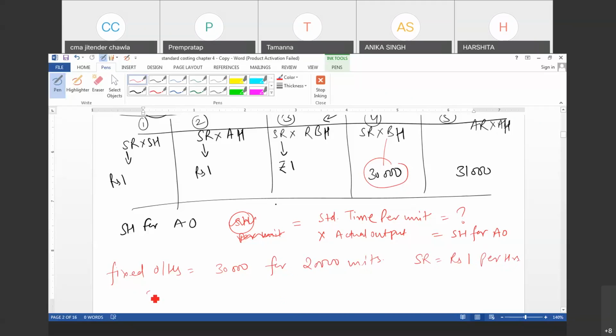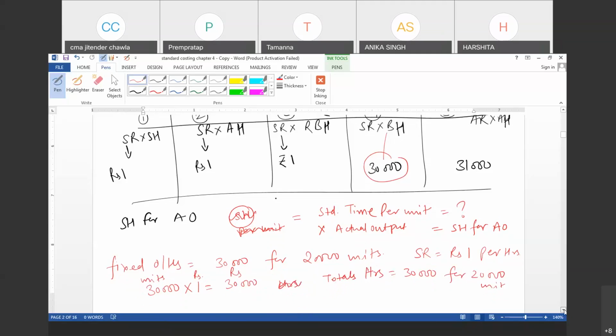So would I say 30,000 units into my 1, it also gives me 30,000 hours? मतलब आपके कितने आवर्स लगते हैं, टोटल आवर्स, 30,000 hours for making how many units, for making 20,000 units.